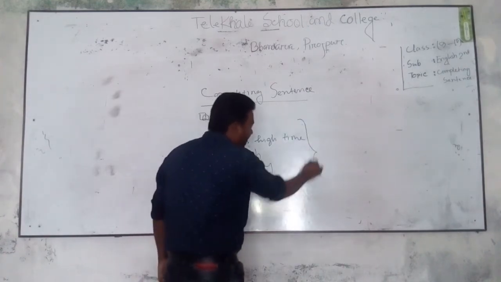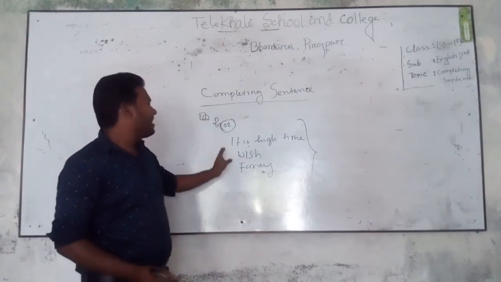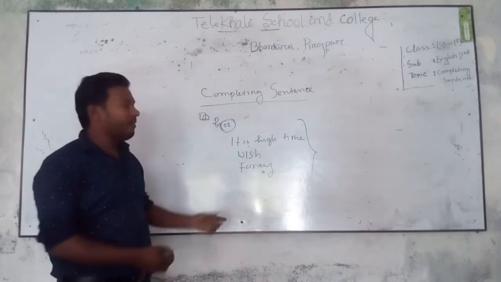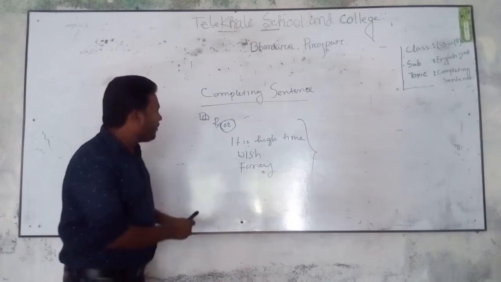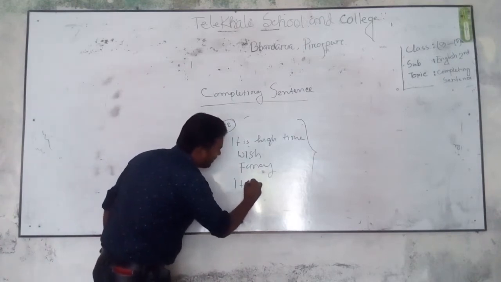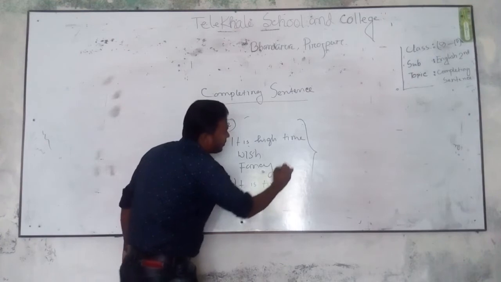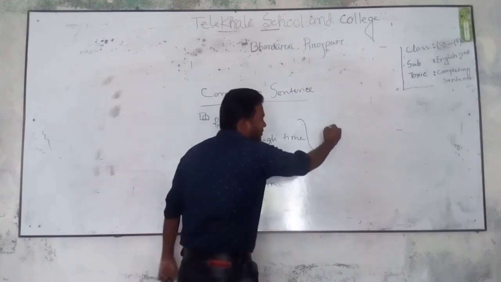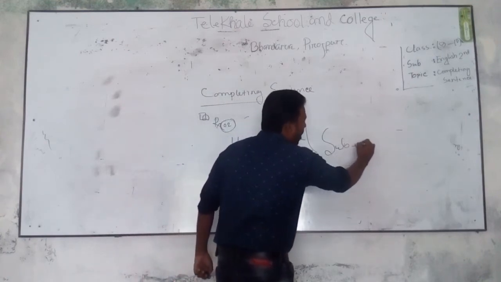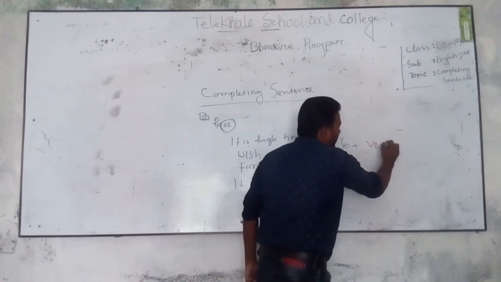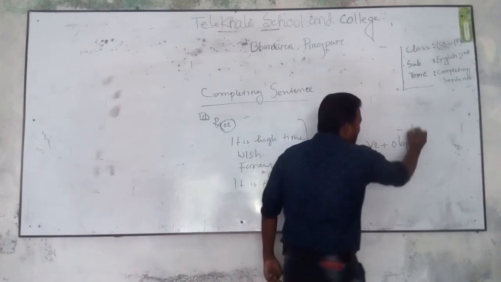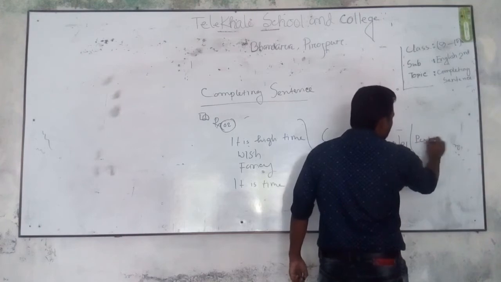If you see that the sentence has it is high time, or it is time, or fancy, then you can use any subject plus V2 plus object. That means past indefinite tense.